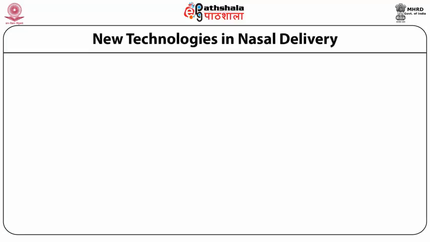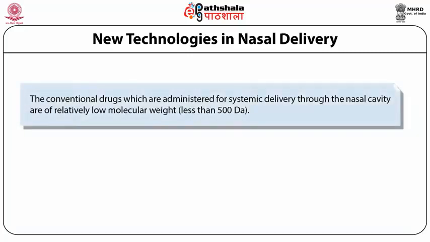Students, it's an important point to understand that all the drugs which are being used for nasal drug delivery are not of the same type. They might differ by virtue of their molecular weight, their chemistry, and many other ways. It is a common understanding that the conventional drugs usually administered for systemic delivery through the nasal cavity are of relatively low molecular weight, usually less than 500 daltons.